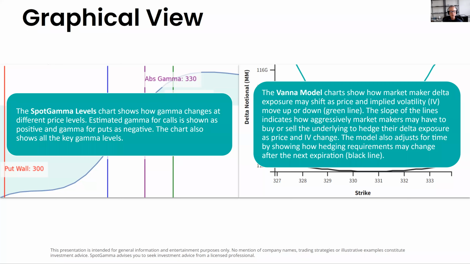The model also adjusts for time by showing how hedging requirements may change after the next expiration, and that's the black line. So the green line is showing the Vanna effect, essentially, that's a change in delta with a change in implied volatility. And the black line is showing the charm effect, how delta changes as time passes.